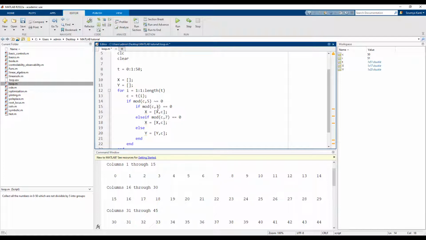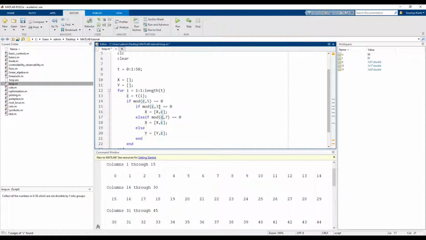Now I want to separate the ones which are divisible by 3 and then divisible by 7. So similarly I am using mod(C, 3) for those divisible by 3. Then what this does is that the new x will be the old x concatenated with this particular value C, so it will always store to the right of x.